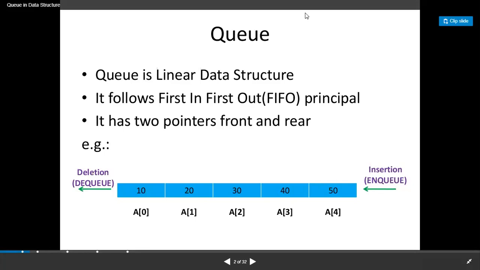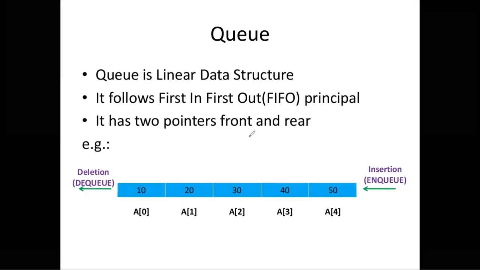Okay, what is the use of front and rear pointers? Two pointers we are having, that is front and rear pointer. See, rear pointer I can use for insertion. If I want to insert an element, which place I can insert, that position I can find from the rear position.